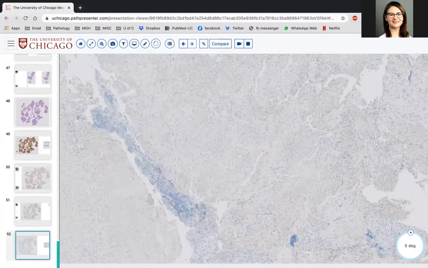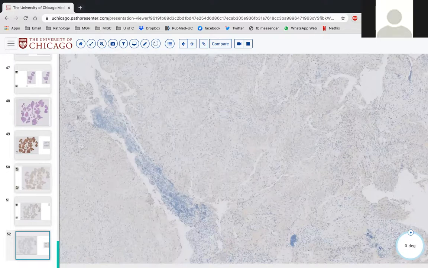I'll see if anything in the comments hasn't been addressed yet. Reham says epithelioma could have spindle appearance. What do you mean by epithelioma? You mean myoepithelioma? Okay, I assume that's what she meant. Yes. Okay, cool. Thanks, everybody.